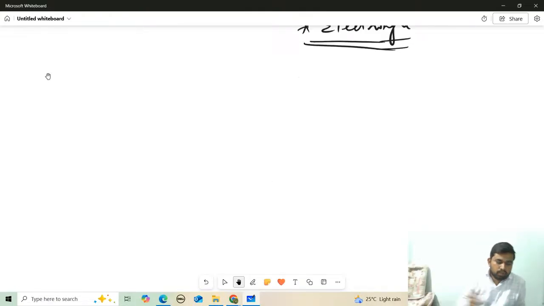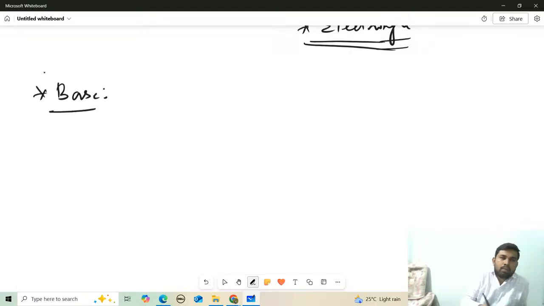Similarly, let us write about bases here. What do you mean by base? Remember, it is a substance which is bitter in taste and slippery to touch. So the taste of a base will be bitter.